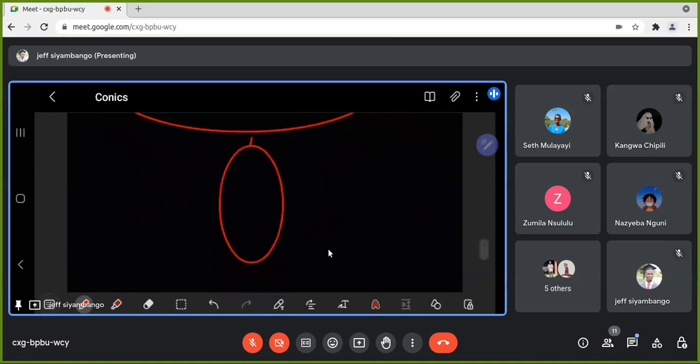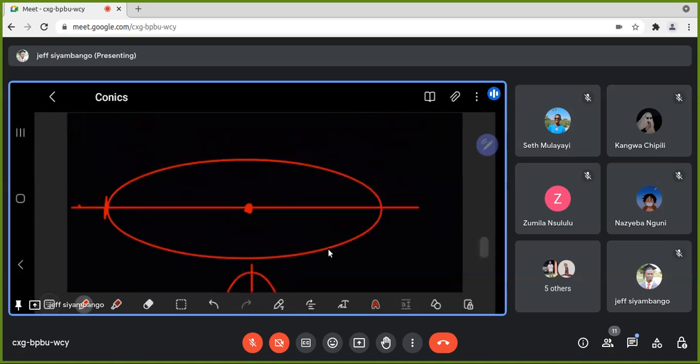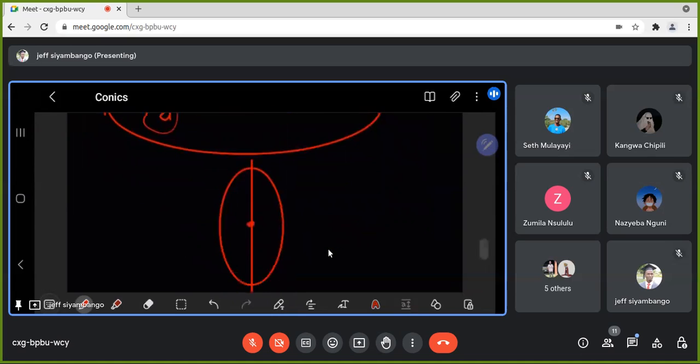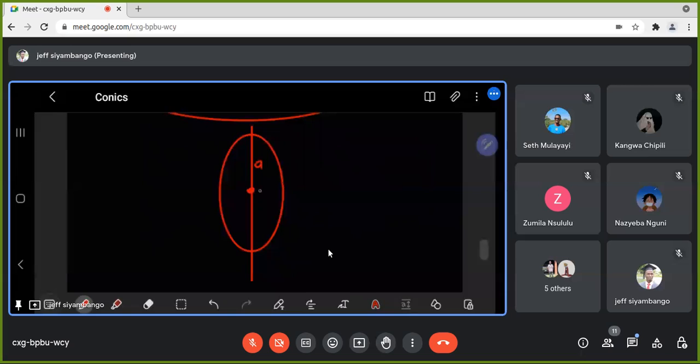And when you look at this first part here, clearly A is going to be a very big number compared to B. B is the distance from the center to that point. This is where B is. So A is bigger than B. But when you look at this part here, we used to see A being bigger than B, but now B is on the x-axis.